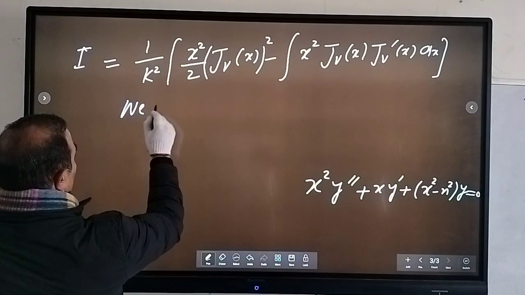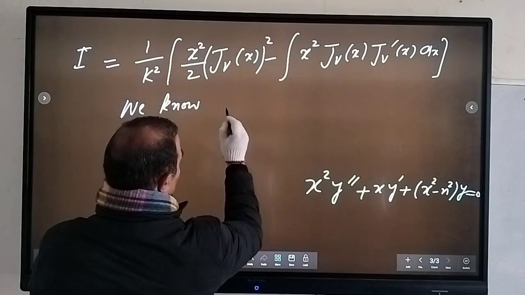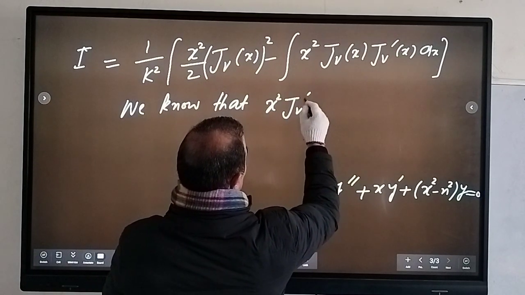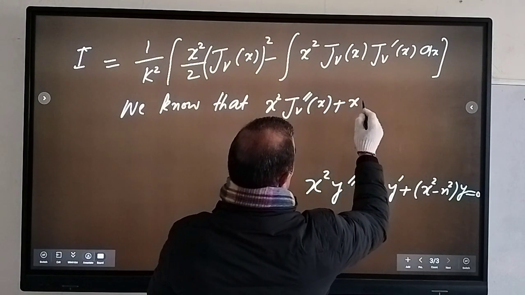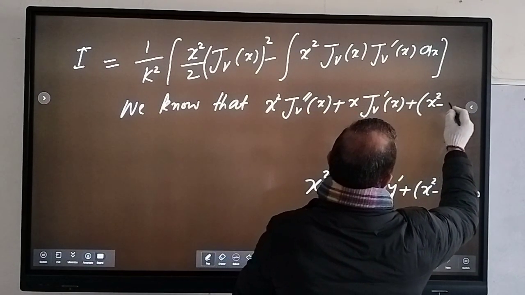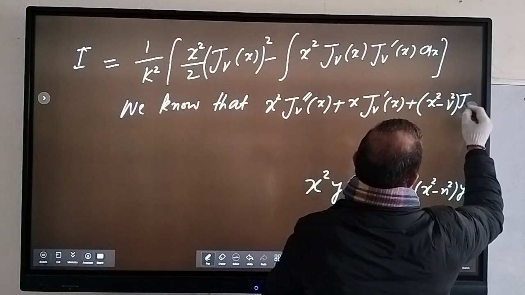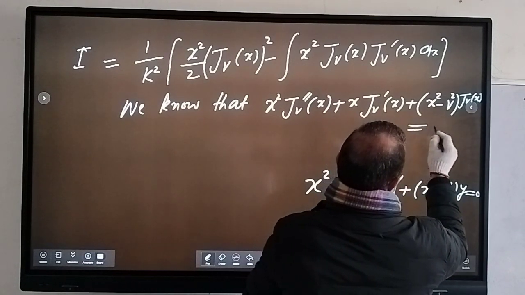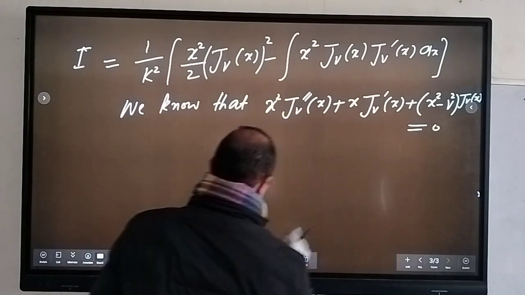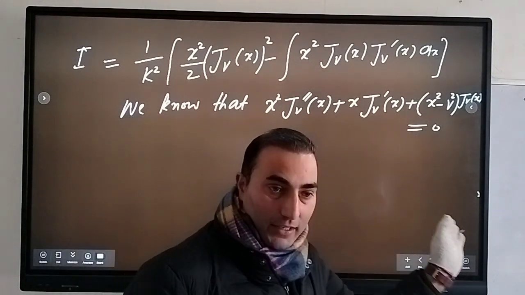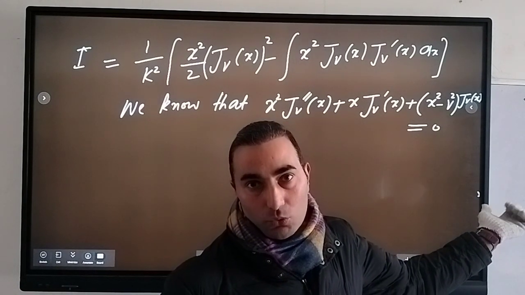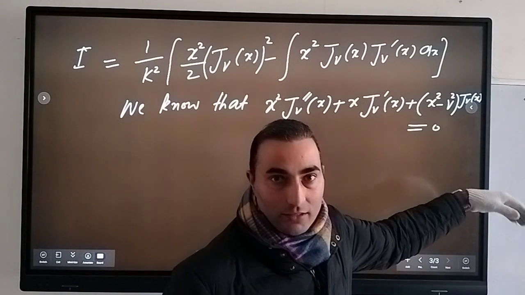So we know that, right? So this is clear, because we are saying that this Jv of x satisfies this Bessel differential equation, or you can say it can be the solution for this Bessel differential equation. So I can write this as equal to 0, right?